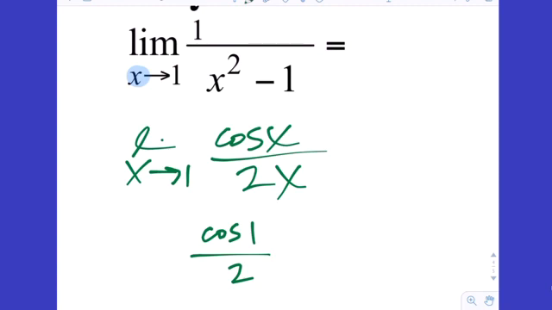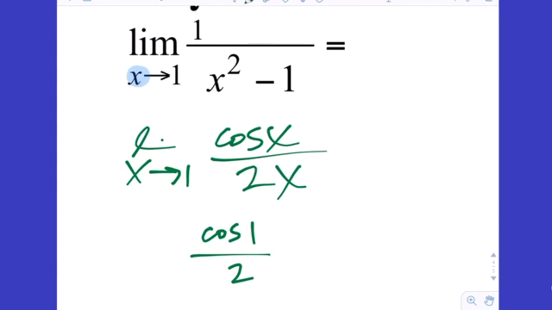What is cosine of 1? Is it 0? That's cosine of 1 degree or 1 radian? 1 radian, which is about 57 degrees, which is about pi thirds. What's cosine of pi thirds? It's about 1/2.